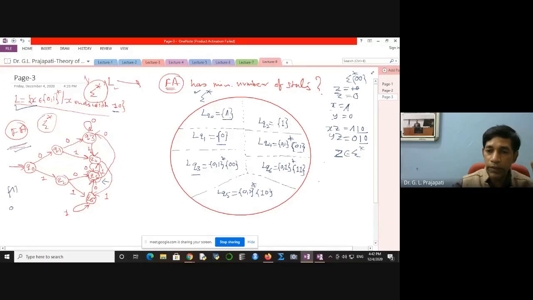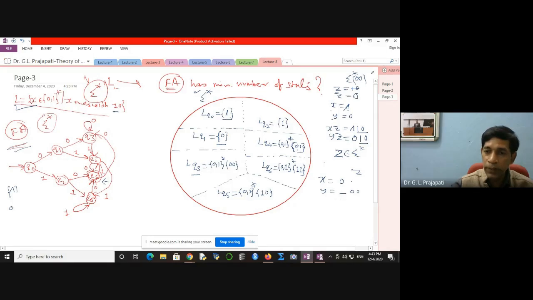If you take any string x, say 0, and from LQ you take y, any string that ends in 00, then if z ends in 00, xz and yz both are in the language.